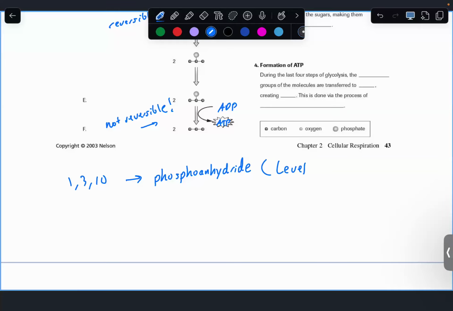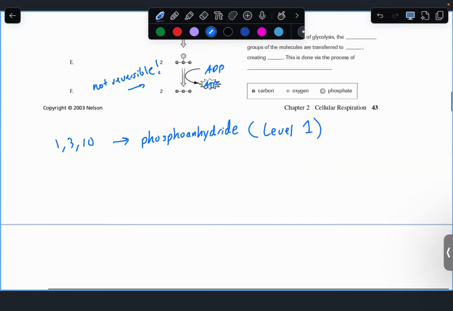Phosphoanhydride, which was one of our most reactive electrophiles in our nucleophilic acyl substitution chapter, and we're transforming that into a phosphoester, which is level 2. So obviously that's going downhill energy, releasing energy, not reversible.